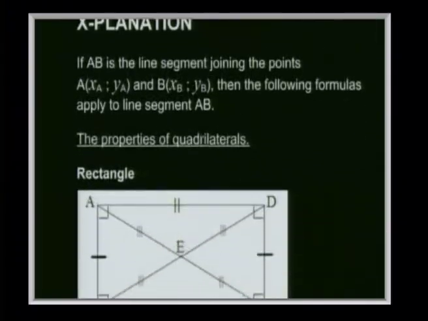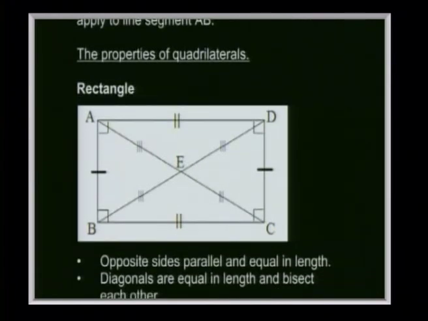If we move on to the rectangle, quite a lot of properties. Well, here we have opposite sides are equal and opposite sides are parallel. So I'm going to pop in the parallel lines over there. The interior angles are all at 90. And the diagonals are equal in length and bisect each other.